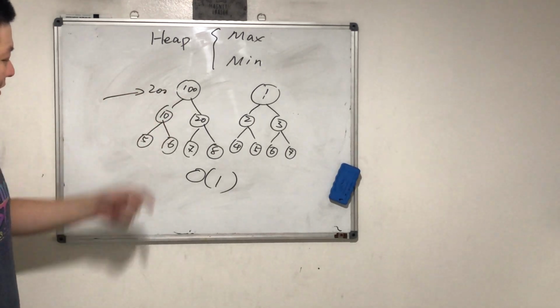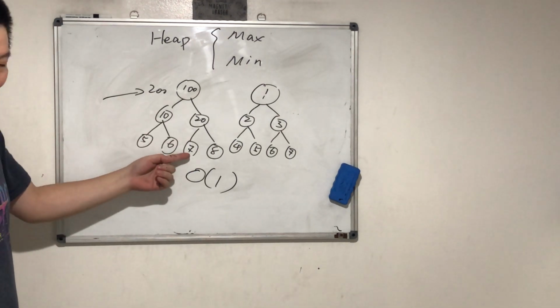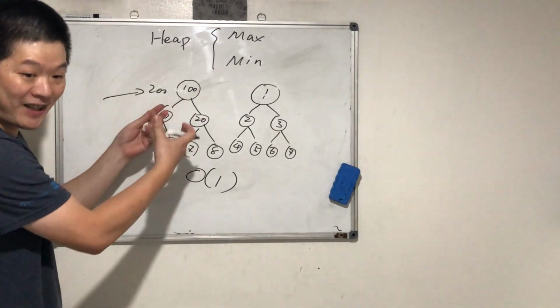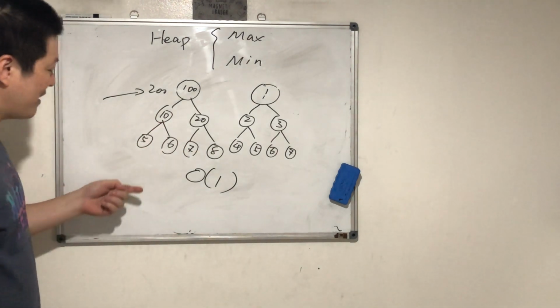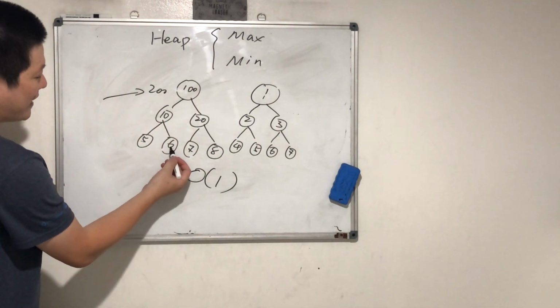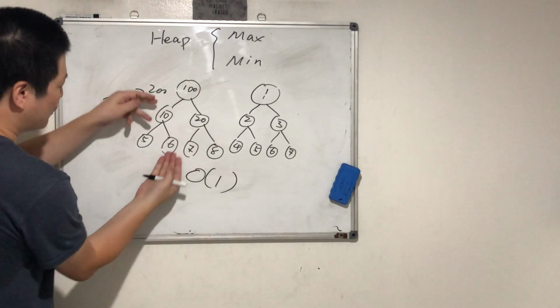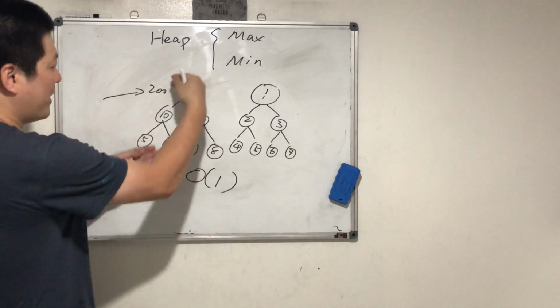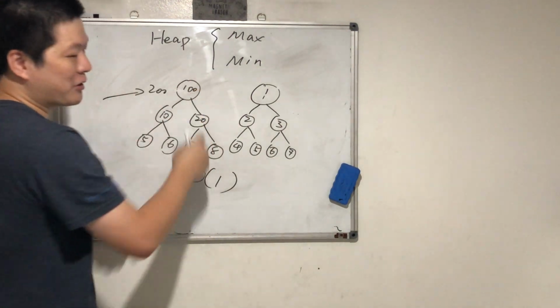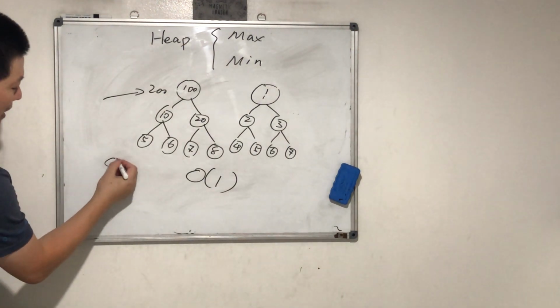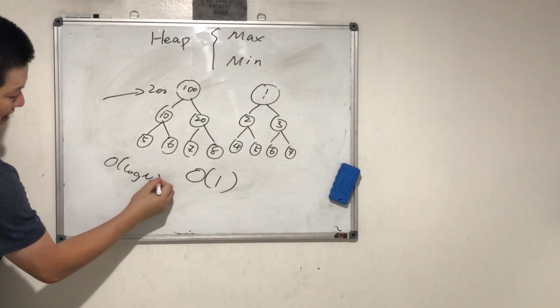If we put a 200 here, you can imagine there will be a restructure, right? Sometimes we need to swap the parent with the kid until we reach the root, so the time complexity will be O(log n).